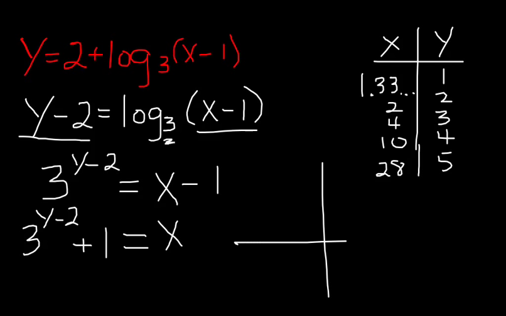So let's graph this. And I'm going to just go ahead and erase that 28 and 5. I'm not going to need those. Okay, so there's 1, 2, 3, 4, about all I'm going to get in. And I notice that when x is 1.33, y is 1.